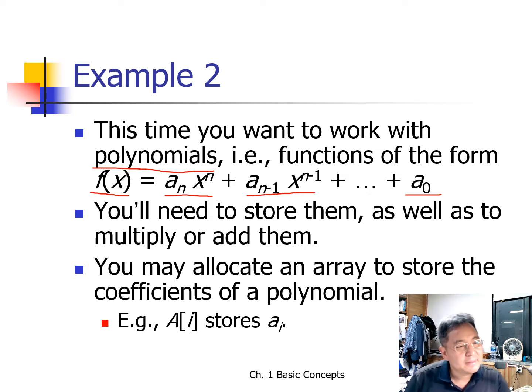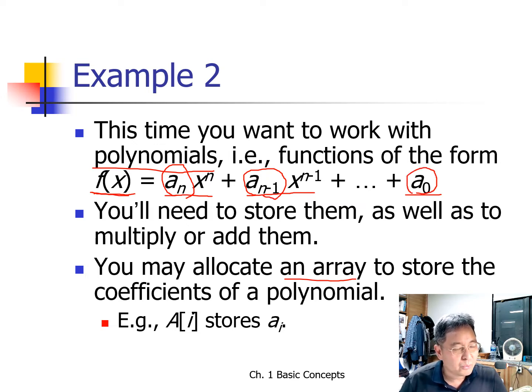Then how can we store or define these polynomial functions in data structures? We can also use array to store the coefficients. This is a coefficient. In each term, there is a coefficient.